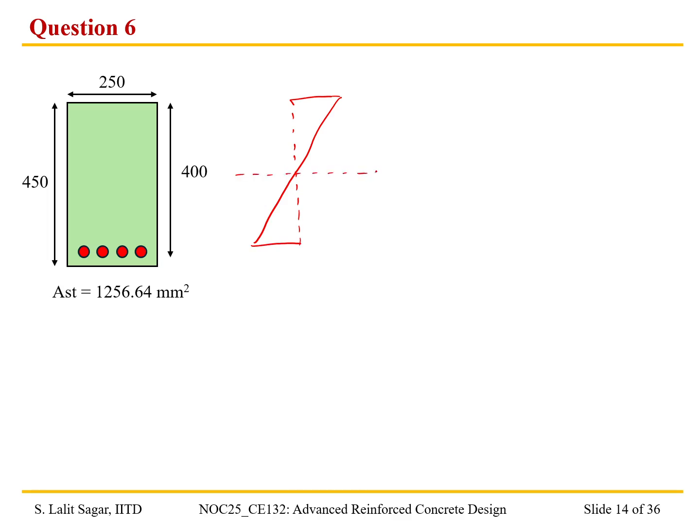We need to locate the depth of the neutral axis based on a trial and error method, where we are going to obtain equal forces in compression and tension so that the cross section is in equilibrium.